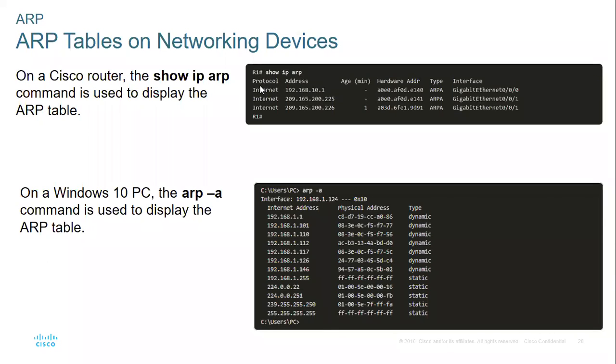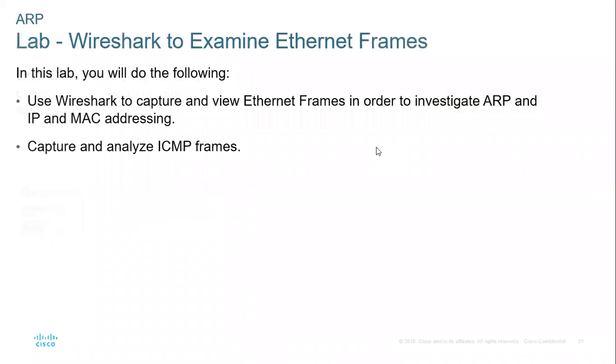Okay, so you'll be shown the protocol, the addresses. You see, this is the aging time I was talking about. This is the MAC address, and this is the interface. Okay. All right, so this is the lab we are going to do.